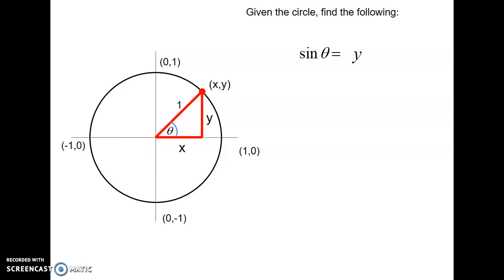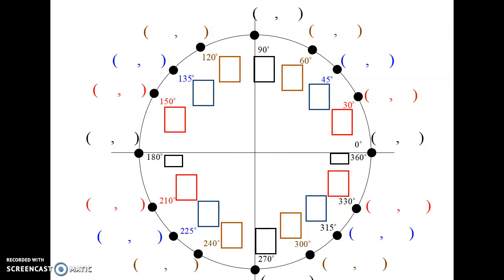For cosine, cosine is going to be the adjacent over the hypotenuse. So the adjacent is going to be x, hypotenuse is 1. So the cosine is going to be x, because x over 1 is just x. So any point on the unit circle that has an x value, that x value is going to be related to the cosine.